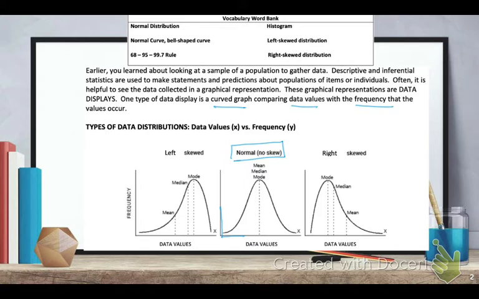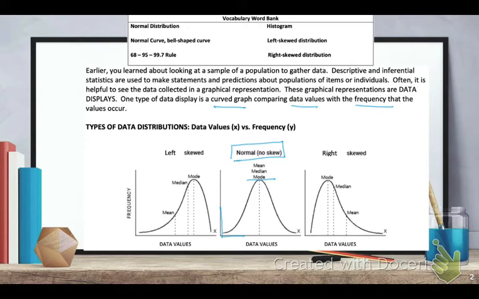Most of the values fall right in the middle of the data set, and you'll see three terms that you should be familiar with: mean, median, and mode. In a normal distribution of data values, the mean, median, and mode all will be virtually the same number and occur in the middle of the data set.